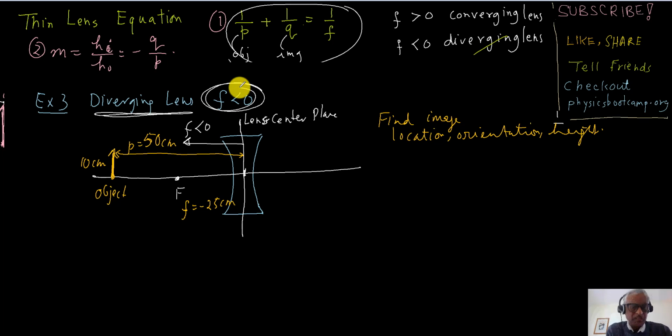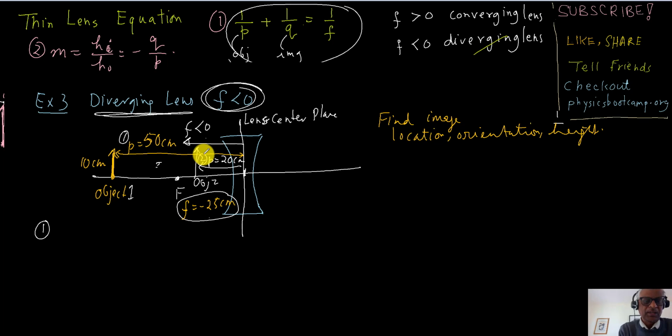So for this negative focal length lens, we take an example with minus 25 centimeters and place an object further than the focal length, and we can have another object. This is object 1, and this can be object 2, and this one can be p equals 20 centimeters. Okay, so this is case 1, and this is case 2.